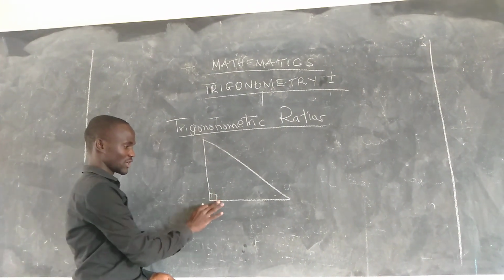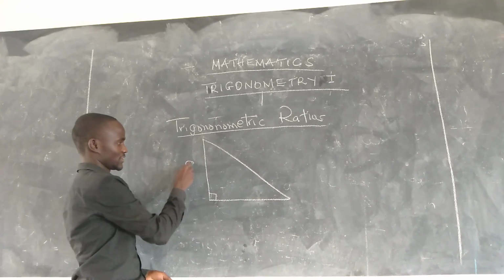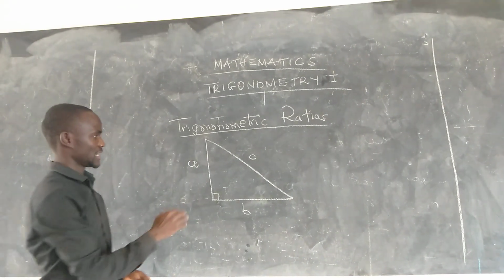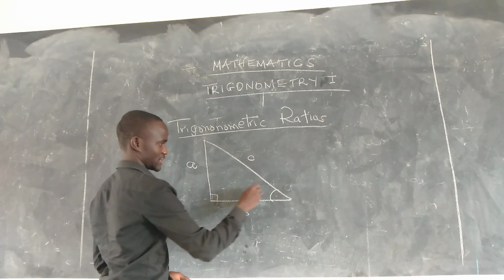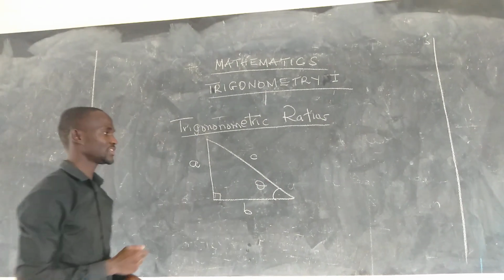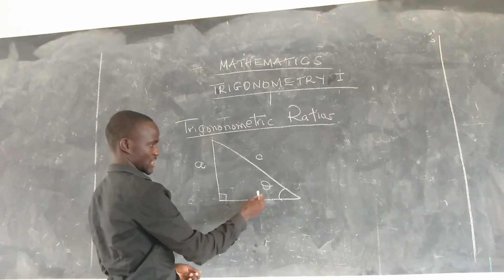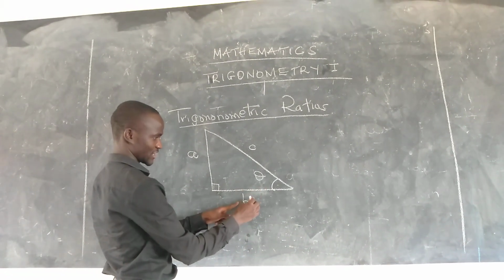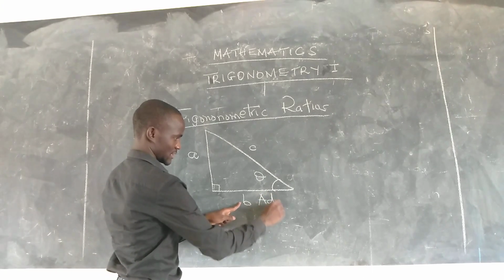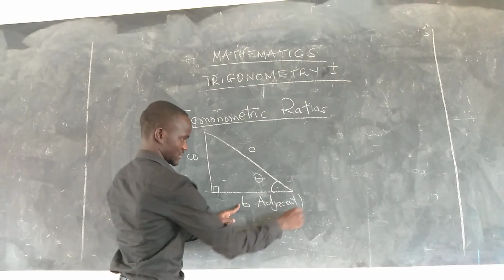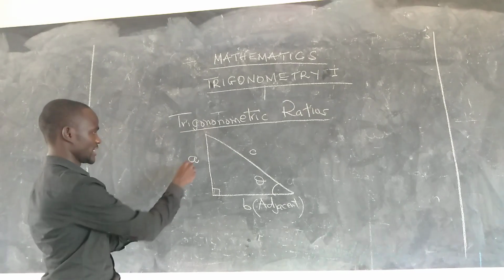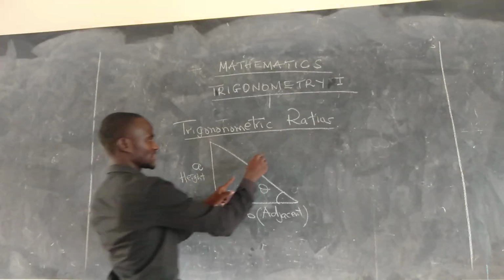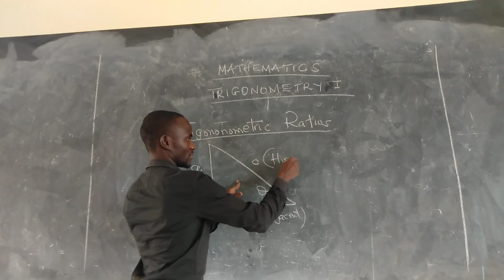And then a right angle triangle, I want to give this A, B, and then C, and then I want to call this theta, and then according to this B and theta, we will say that B is adjacent, A will be the height, and then C will be the hypotenuse.